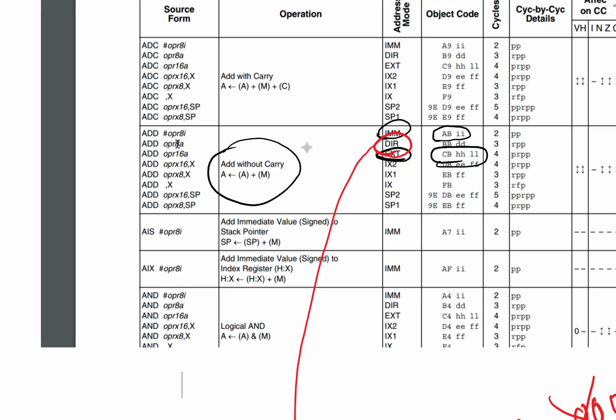And your choice of operand dictates which addressing mode you're in, and then that dictates which object code the assembler will put in for you. You don't actually have to worry about this necessarily. This tells you how many bytes it is, it tells you how many cycles it is, but you as a programmer know, am I adding in a value that I know right now? Am I adding in that 5 we've been using? Or am I adding in a variable that has an address?